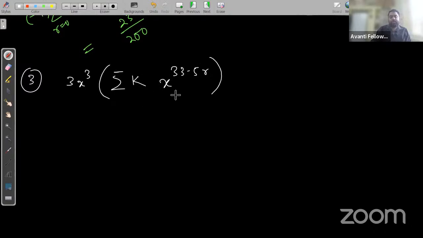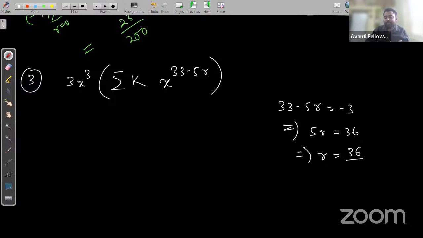Similarly here also, this has to be the term independent of x, so 33 minus 5r must be minus 3. So 5r becomes here 36. So r we are getting 36 upon 5, which does not belong to Z.